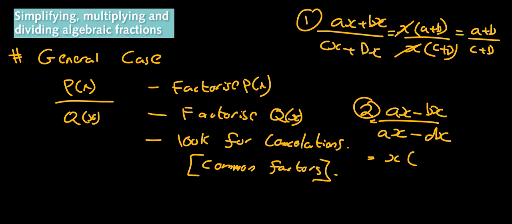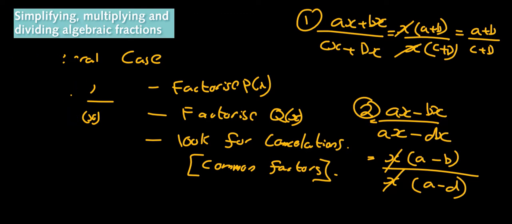Factorize the numerator. Let's leave a minus b. Factorize the denominator. That goes, that goes. We can't do anything with these, so they are just left in the quotient.